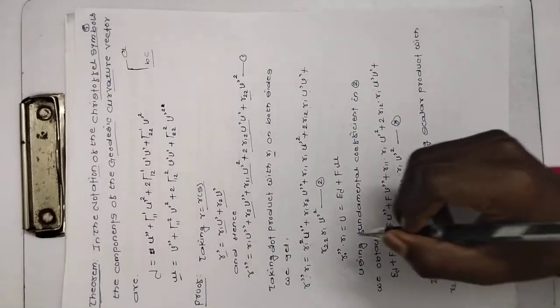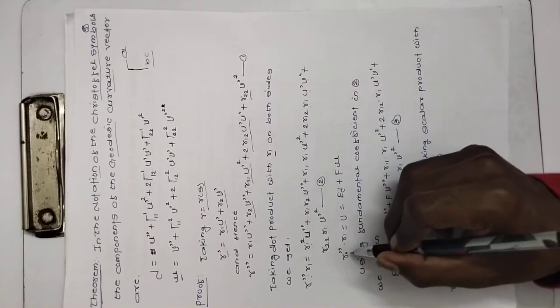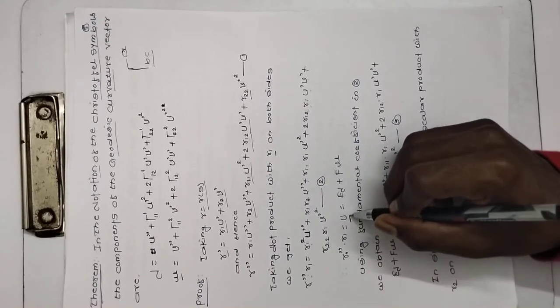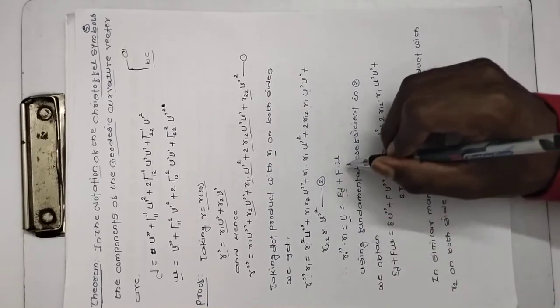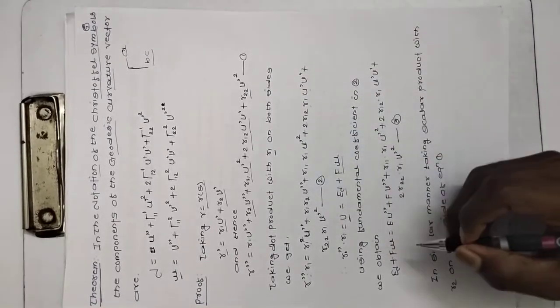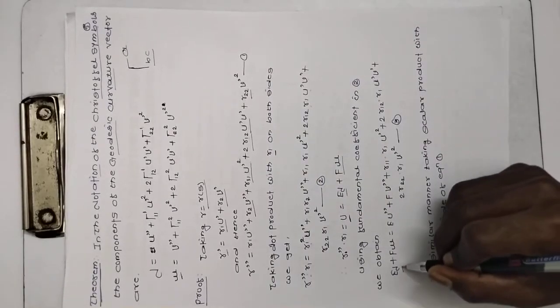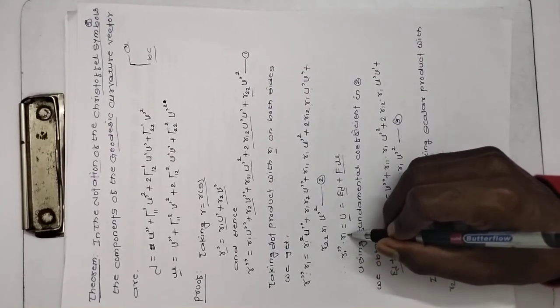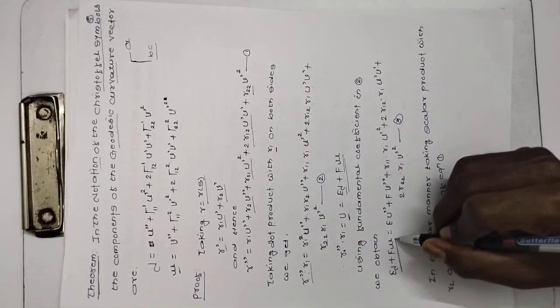This is equation 2. By using the fundamental coefficients, r double dash dot product with r1 is equal to E lambda plus F mu. So we obtain from this equation, by using the fundamental coefficients, E lambda plus F mu. So r double dash dot product with r1 means what? This term can be written as E lambda plus F mu is equal to E u double dash.